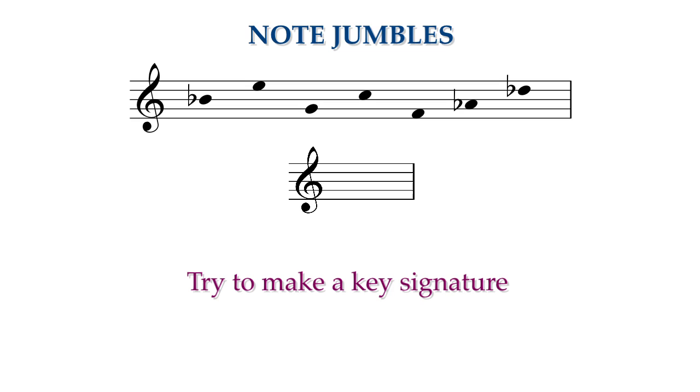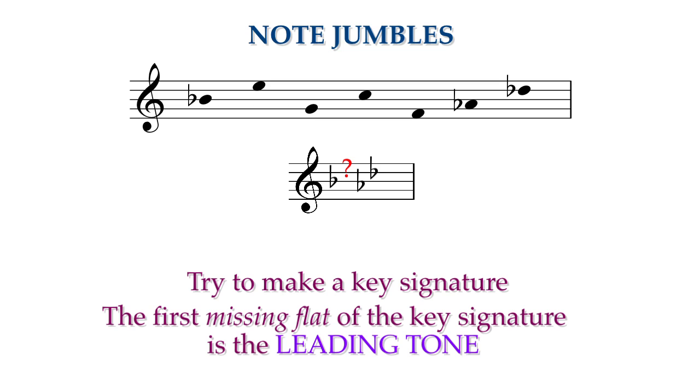For note jumbles with flat keys, if you cannot make a key signature, you still must put all of the flat notes into the key signature, since we only raise the notes of the natural minor scale to create the harmonic and melodic minor scales. The first missing flat you come across when you try to make a key signature is the note that is the leading tone.